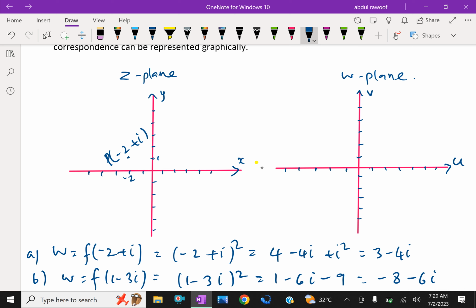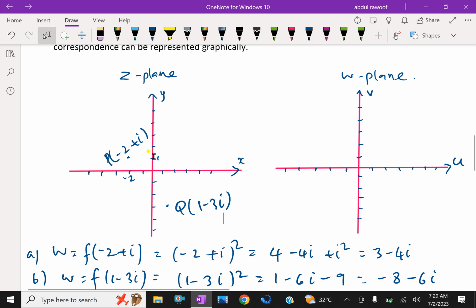Then point Q is 1 minus 3i. These two points are plotted in the xy plane.